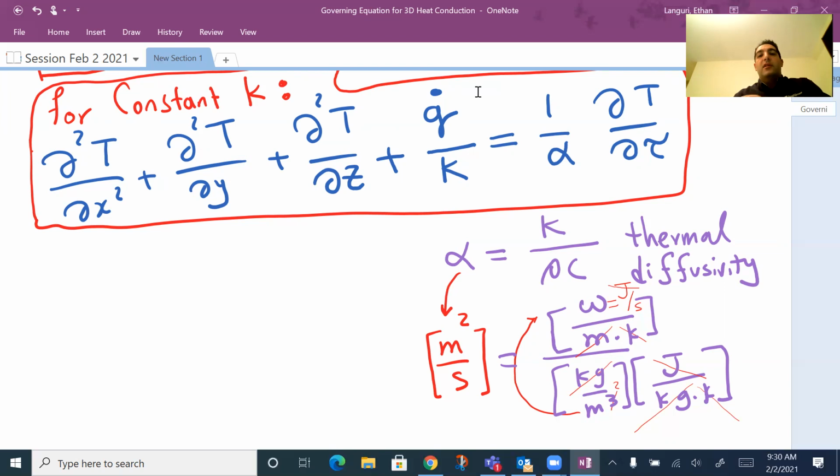Same story with the spherical geometry. It's easier to use the spherical coordinate system. So in the next section, I'm going to show the conduction equation for cylindrical coordinate system and spherical coordinate system.